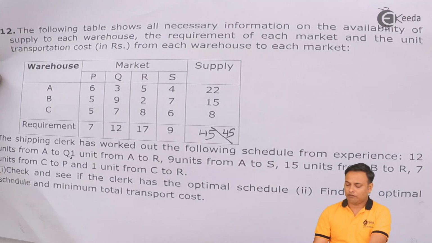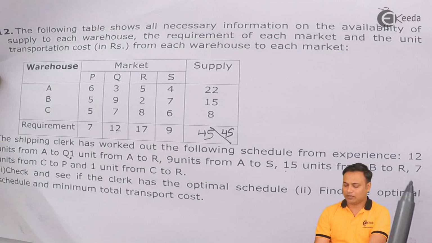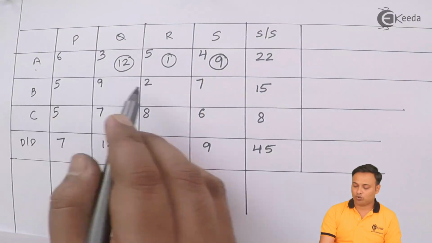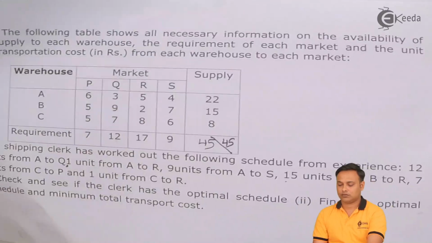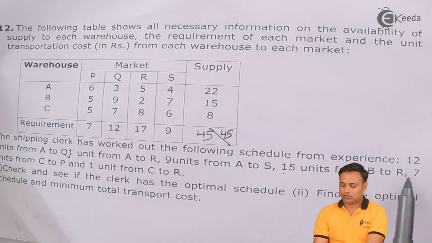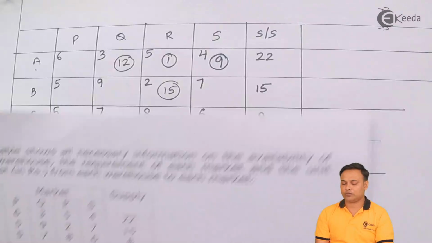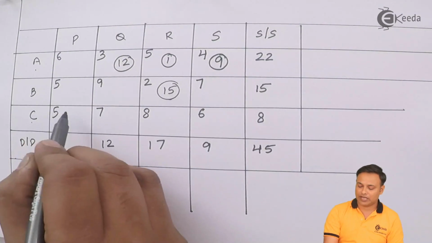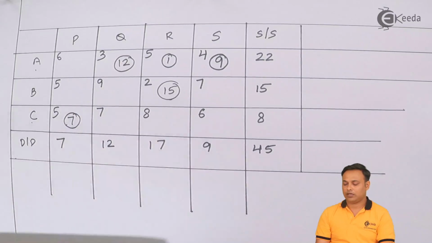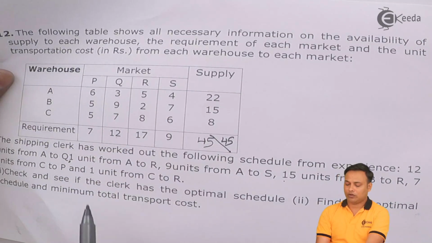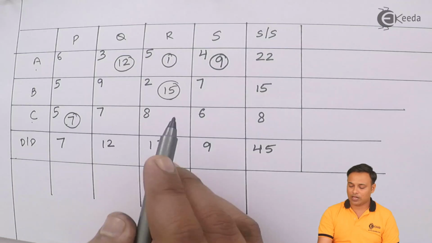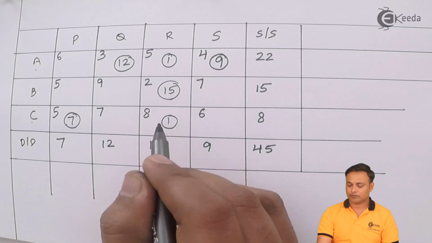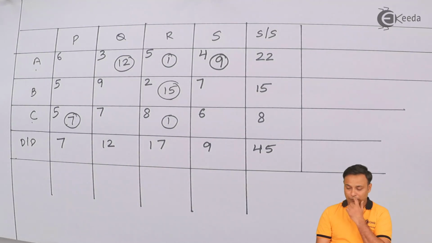Then we have 15 units from B to R, 7 units from C to P, and last we have 1 unit from C to R. So we are already done with the allocation given by the shipping clerk.